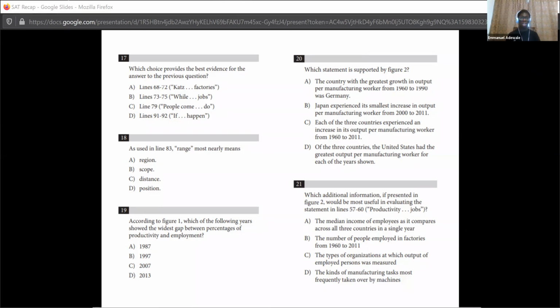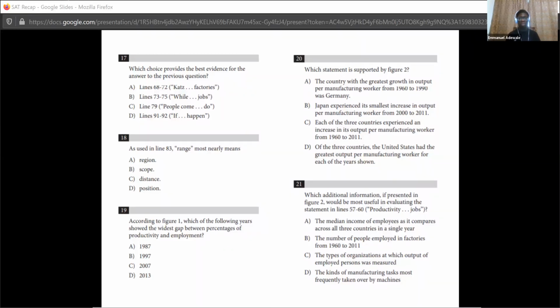And choice D was also incorrect because figure 2 showed the US having the greatest output of all of the countries only in 2011, but not in each of those years. So again, some of these questions are just about paying attention to the figures and spending a bit of time to more closely analyze them.